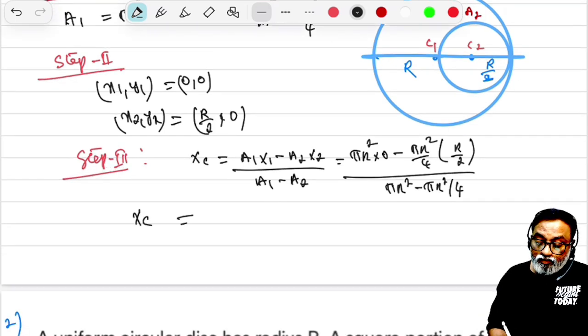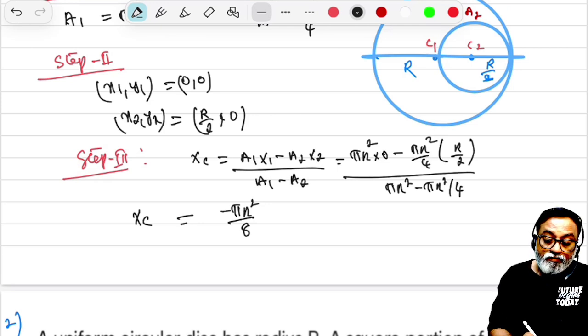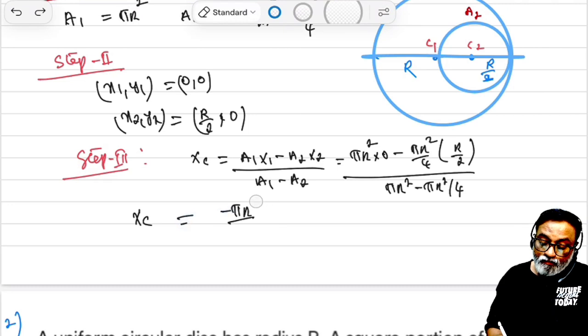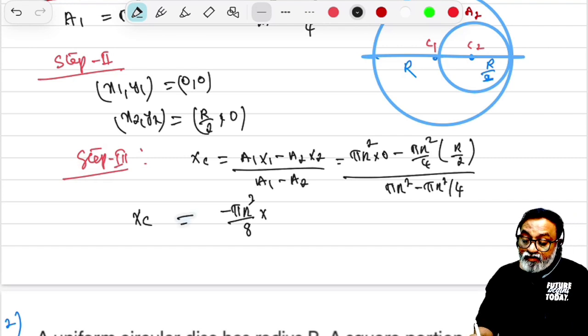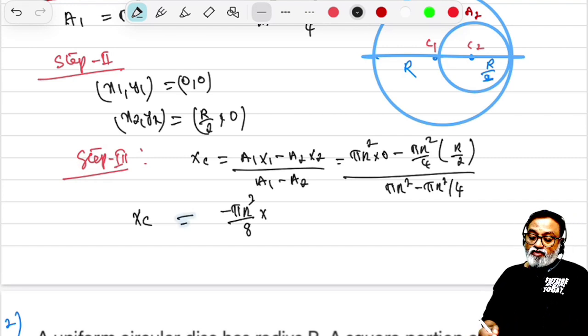Therefore xc is equal to, this becomes minus pi r cube by 8 into, here this becomes pi r square minus pi r square by 4.